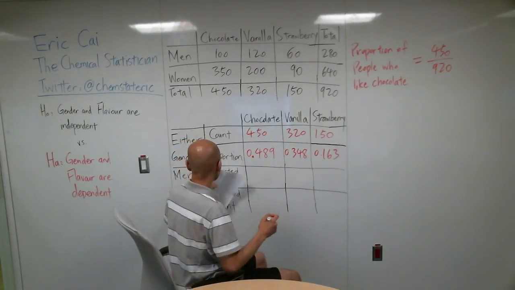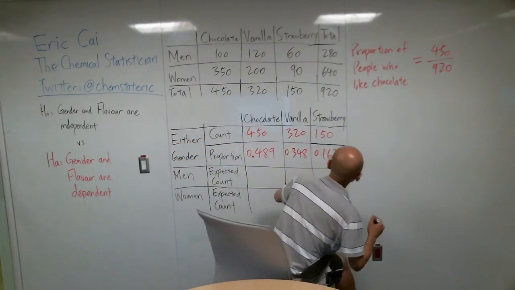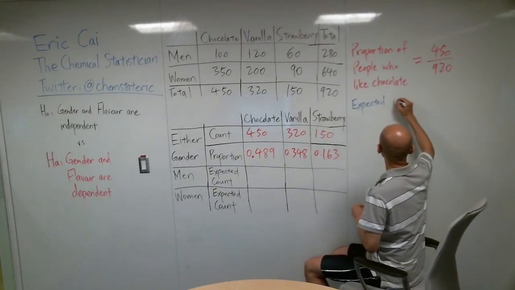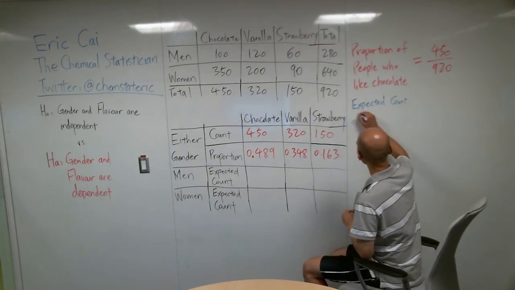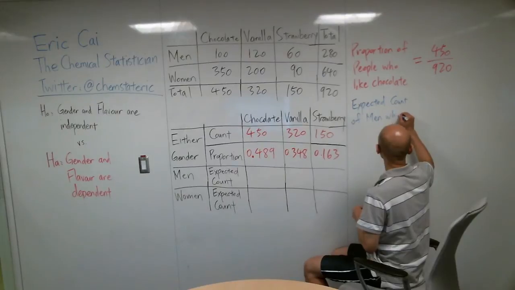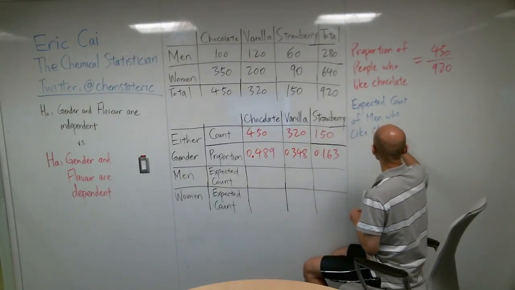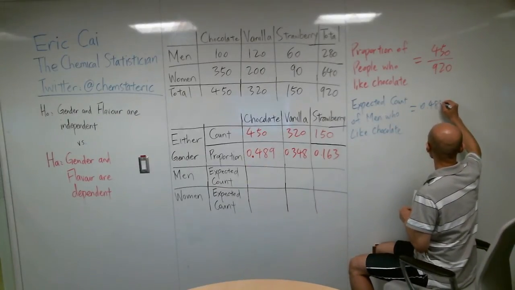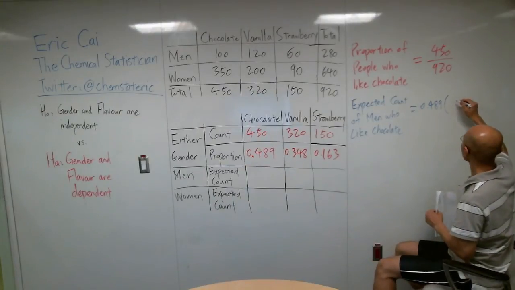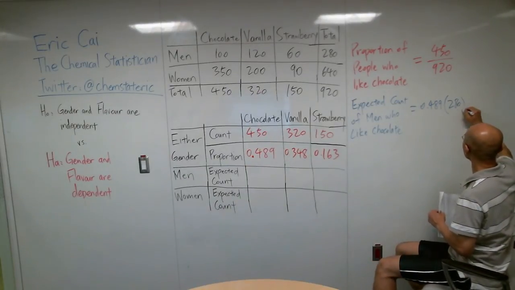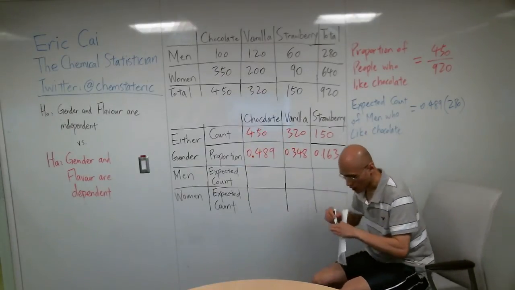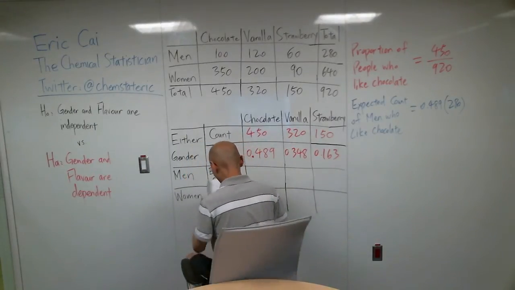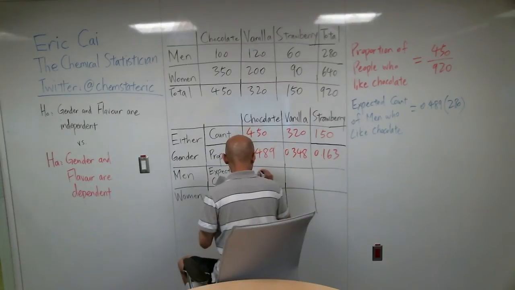The expected count for men who prefer chocolate was just 0.489 times 280, and that, I calculated ahead of time, is 136.92.